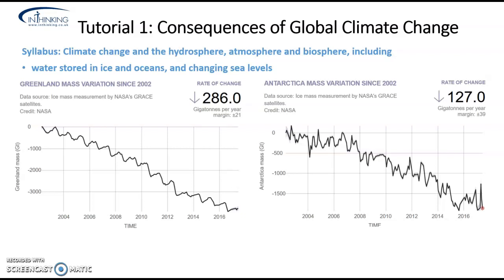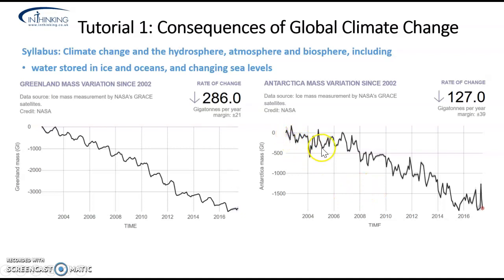So these two graphics show ice loss in two major ice sheet areas, Greenland on the left and Antarctica on the right. And as you can see by the graph, we're looking at massive losses of ice in terms of gigatons through this time period from 2002 to 2017.